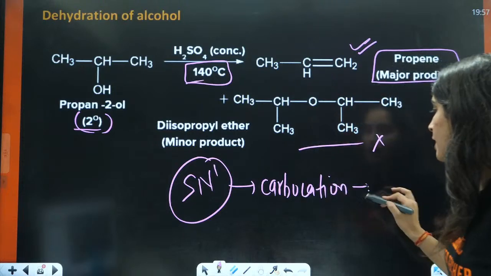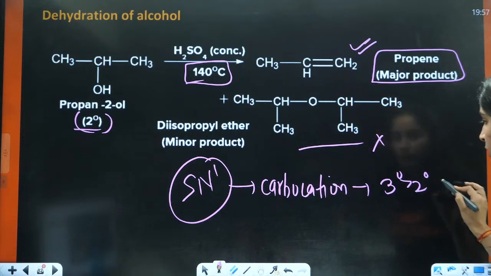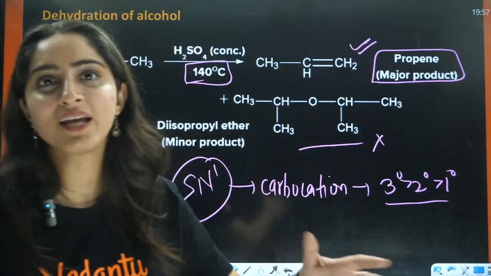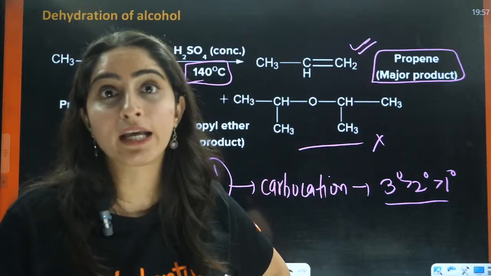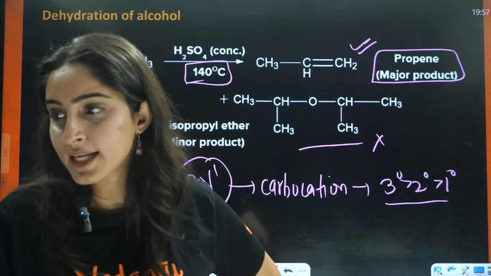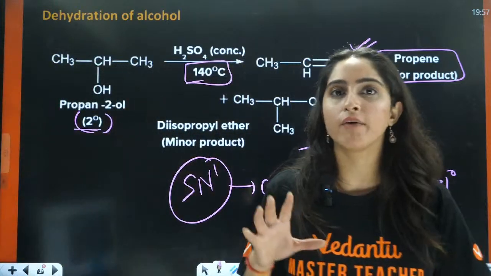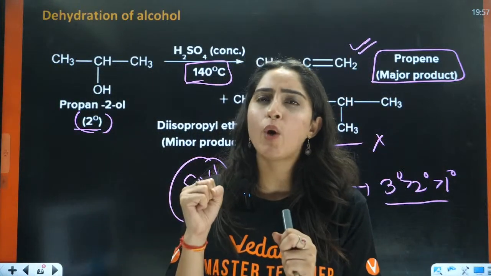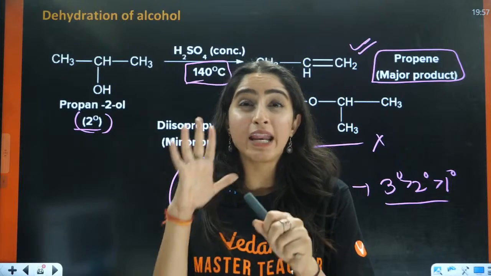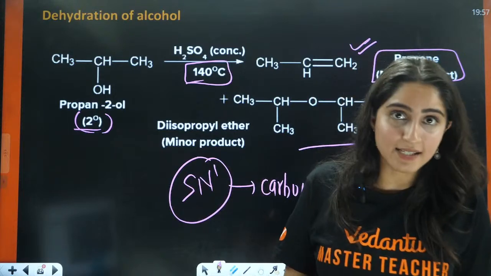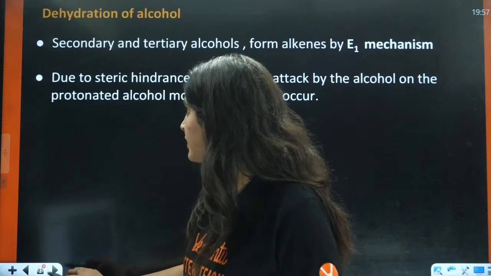We know that a 3 degree carbocation is the most stable, then 2 degree, then 1 degree. Primary alcohols will not take part in this SN1 mechanism. Primary alcohol forms alkenes only at a very, very high temperature. Otherwise, it is very difficult.